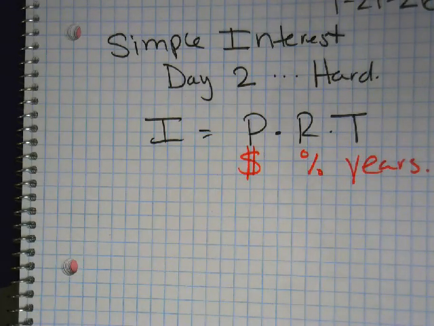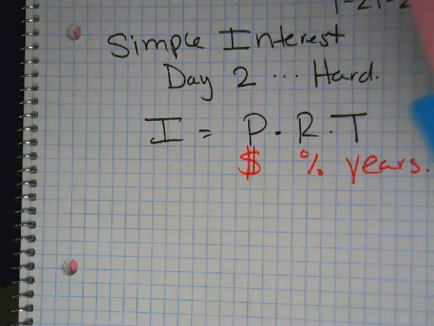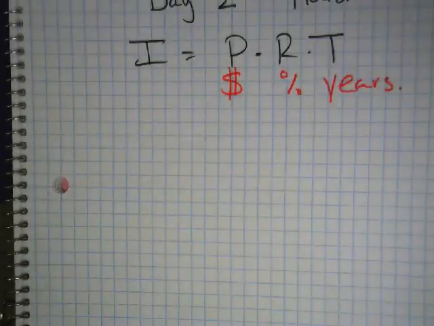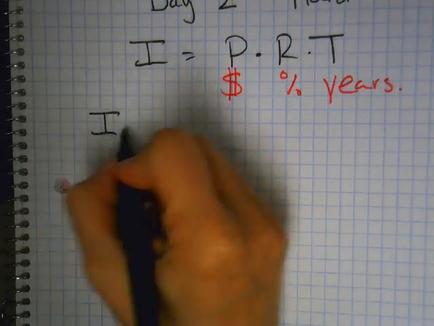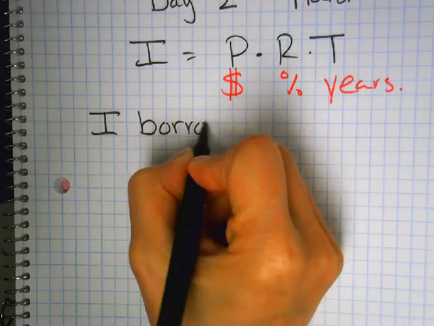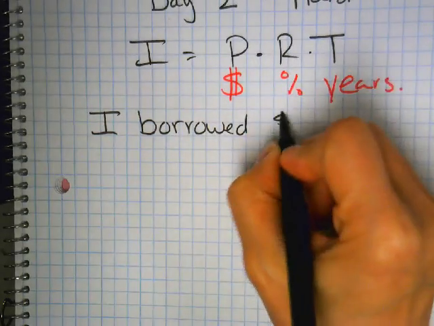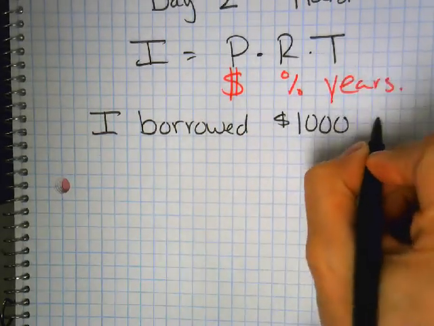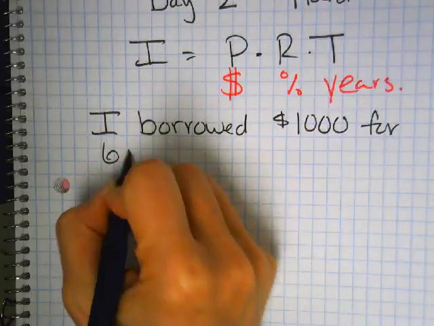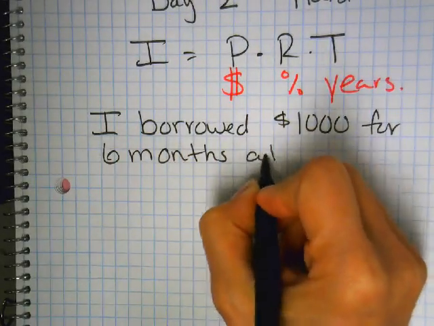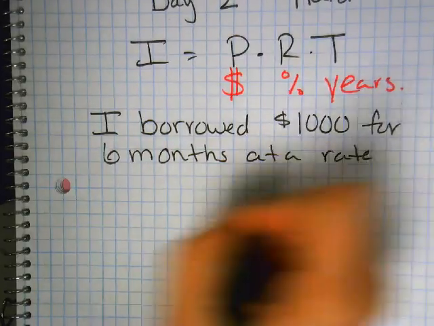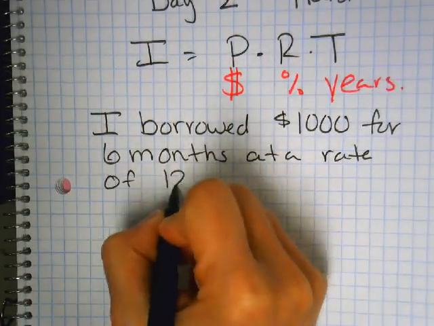Don't ruin it. Okay. So today we're going to be doing the same thing, a little different. Let's see if you can figure out what's the difference between yesterday and today. I borrowed $1,000 for 6 months at a rate of 12%.